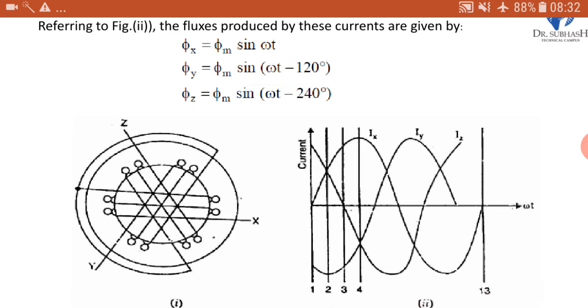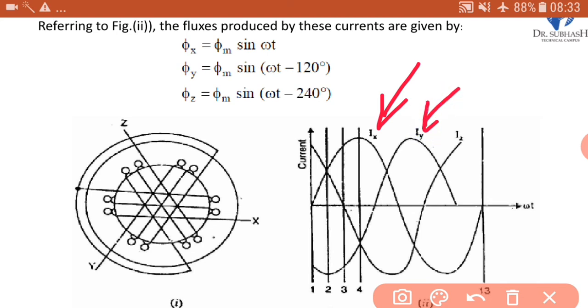Okay, here we can see waveforms of current. First is the waveform due to current of x phase, Ix, then Iy and Iz.